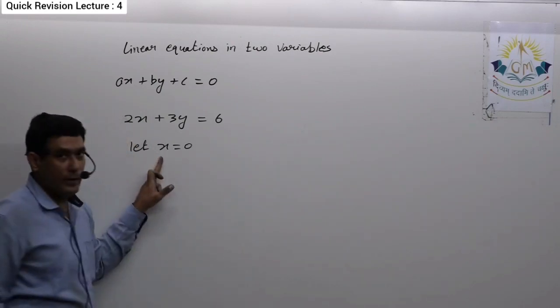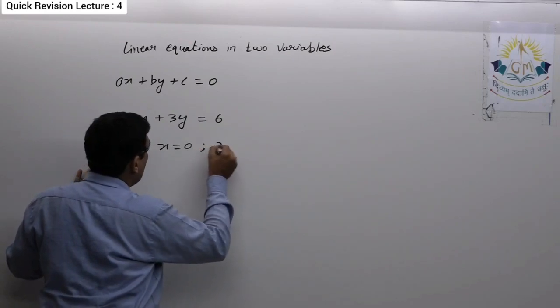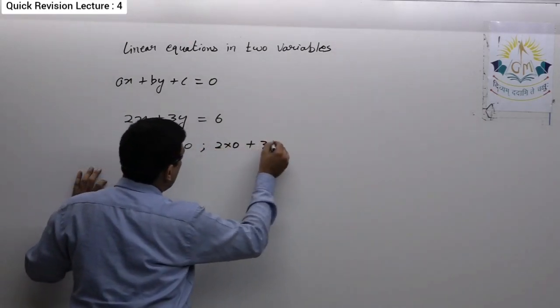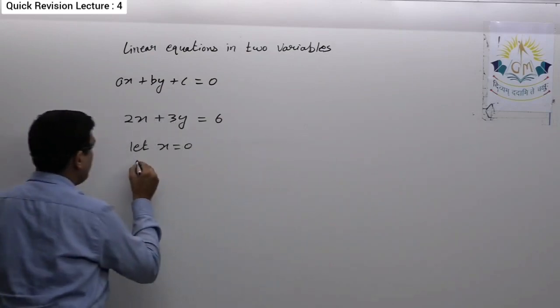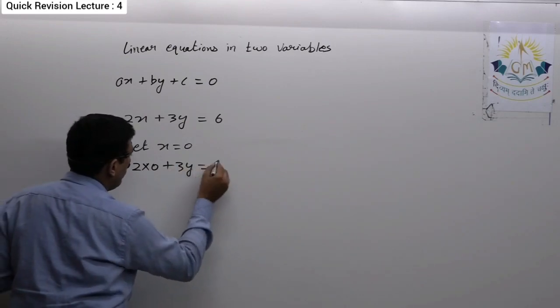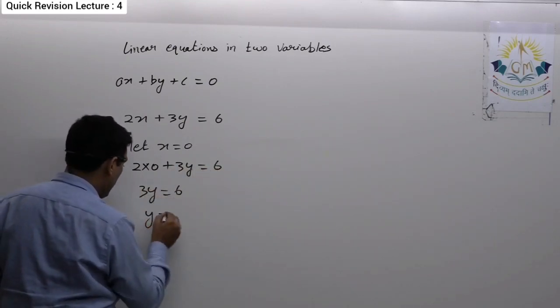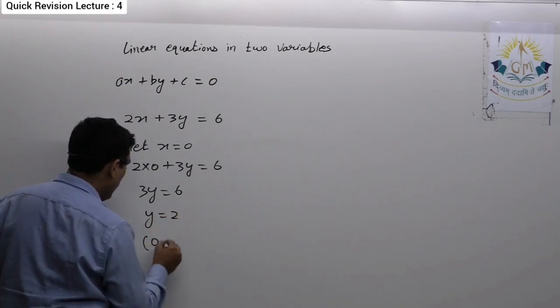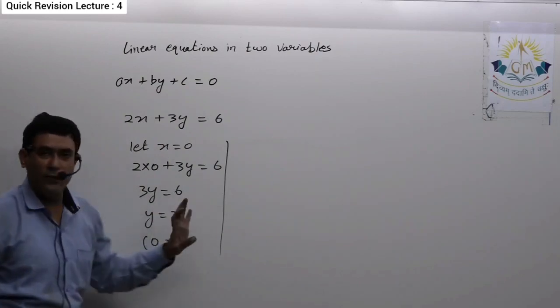So here x equal to 0 gives me 2 into 0 plus 3y is equal to 6. So 3y is equal to 6, y is equal to 2. So I will say 0 comma 2 is a solution. We can find infinite solutions.